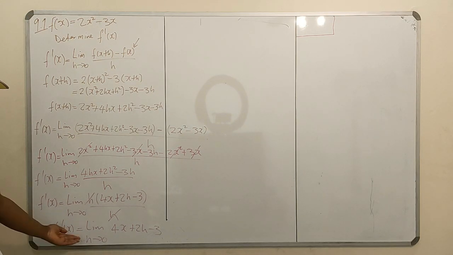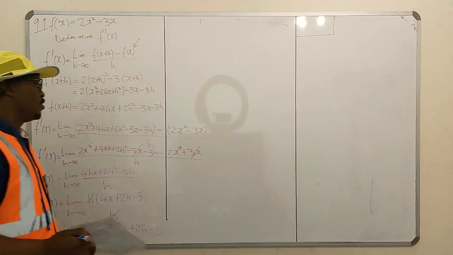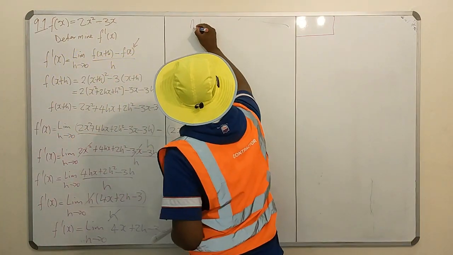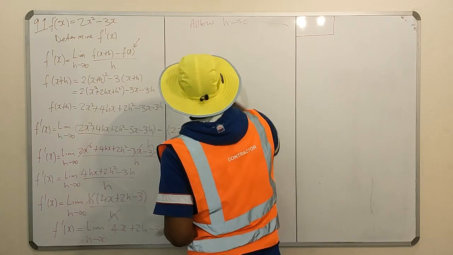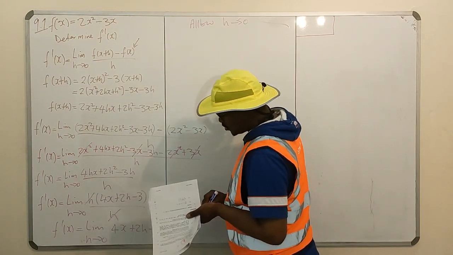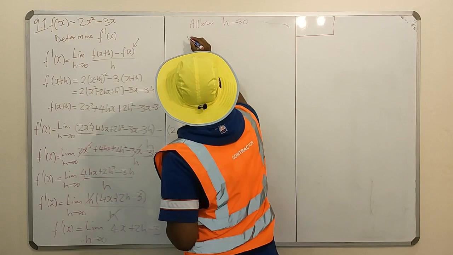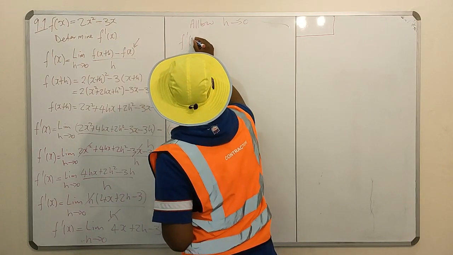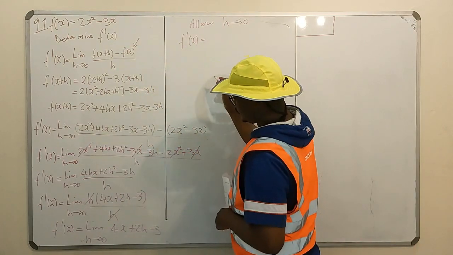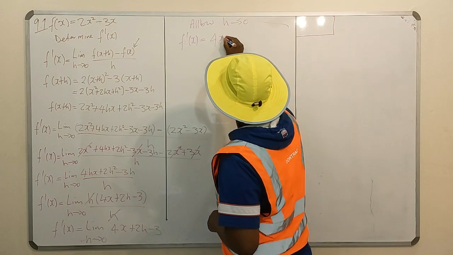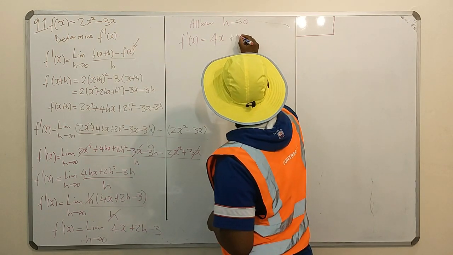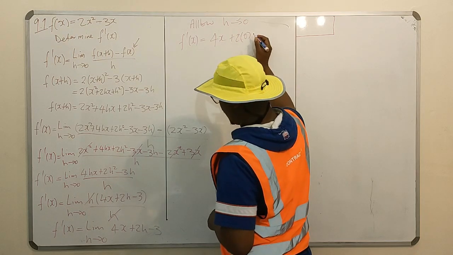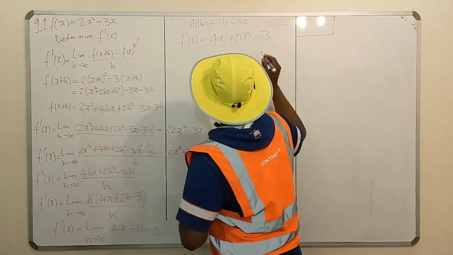Then the next step is to allow h to go to 0. So we allow h to approach 0. If you allow h to approach 0, what do you have? We have f prime at x is equal to 4x plus 2 into 0, allowing h to go to 0, minus 3.